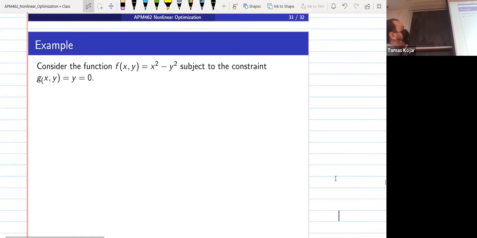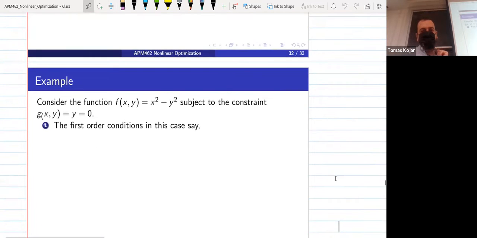This function is not convex, so you cannot use nice arguments. But we have a very beautiful constraint, y equals 0. And we're doing, yeah.